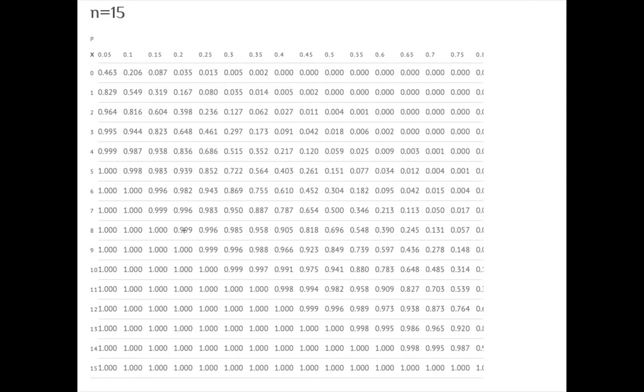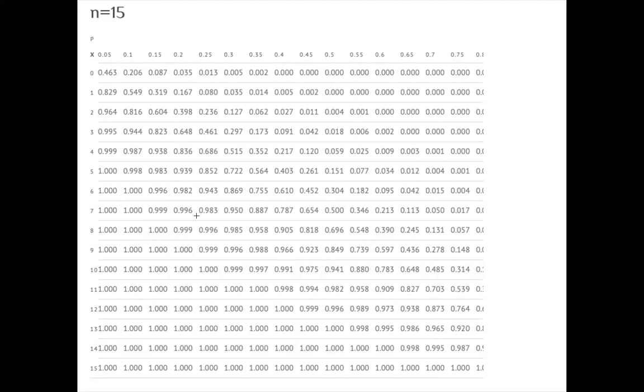Now capital B of 7, 15, 0.2: using the table, the value is 0.996. Now subtract these two values and you'll get the exact solution.